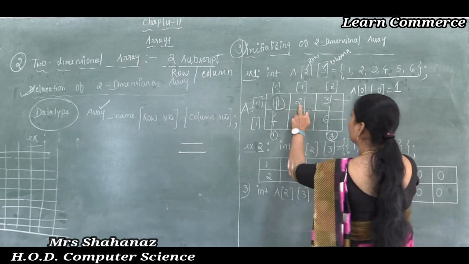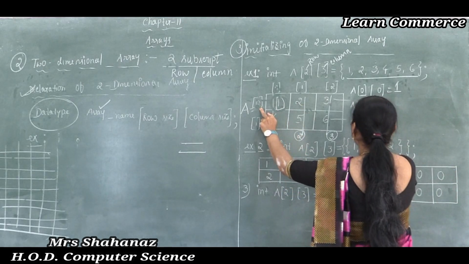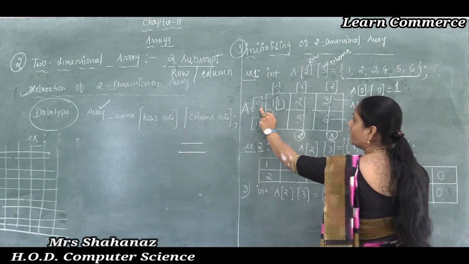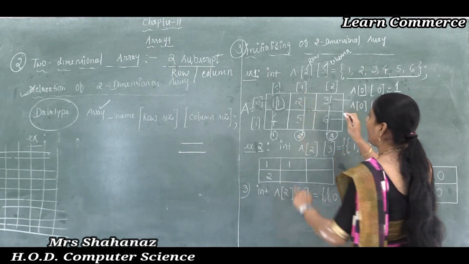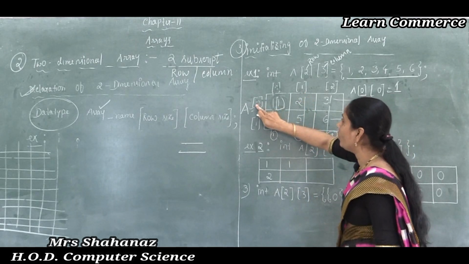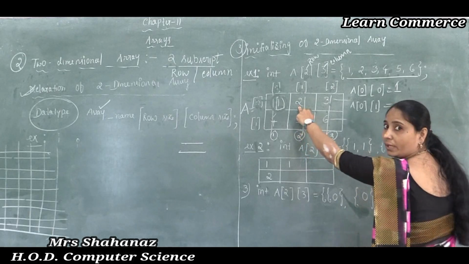Next one is the 2. I want to access the element 2. So how am I using it? First of all I access the row, then I access the column. So when you access row 0, column 1, we'll get the element 2. Clear this point here?